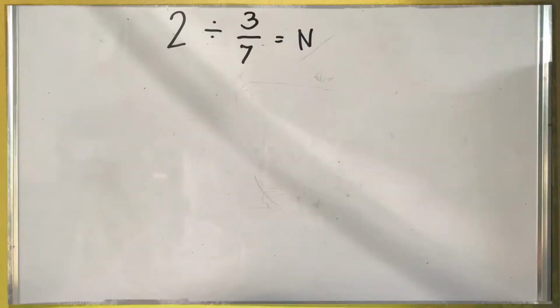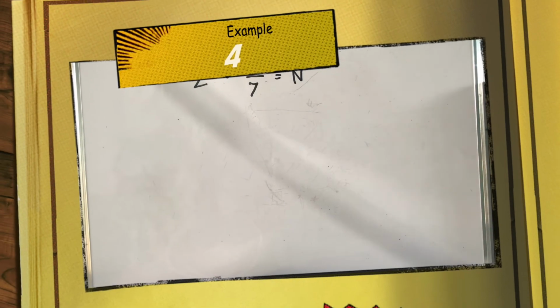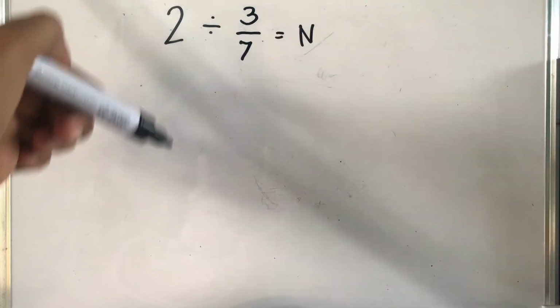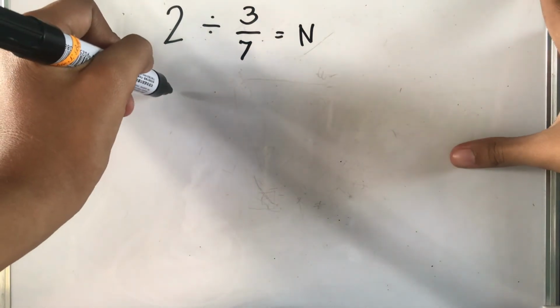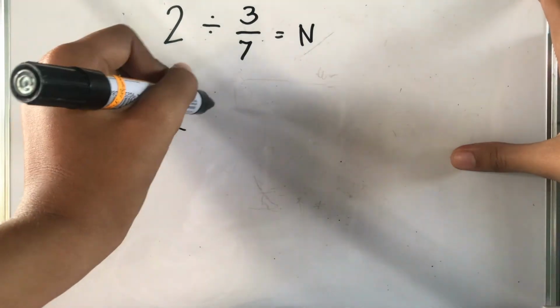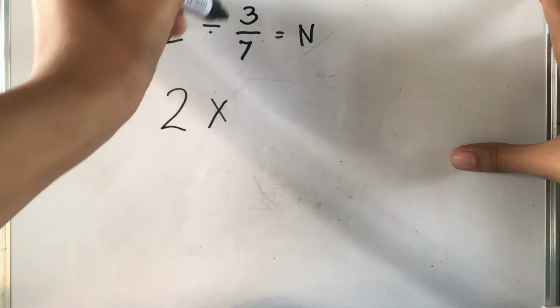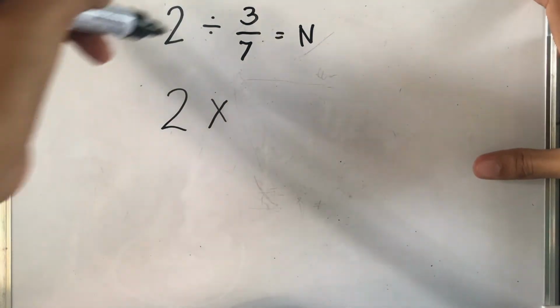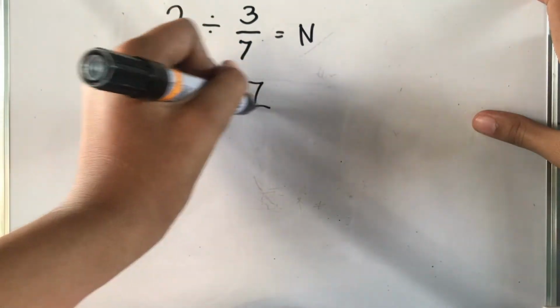Let's have another example: a whole number divided by a fraction. We have 2 divided by 3/7 equals n. Since this is a whole number, we will just copy it immediately. So 2, and then change the operation into multiplication and find the reciprocal of the divisor. 3/7 becomes 7 over 3.